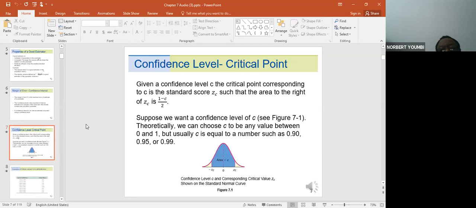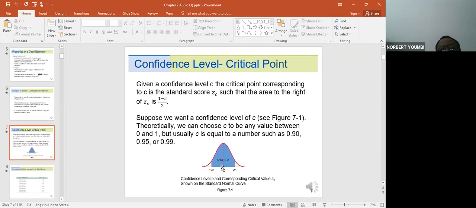So given a confidence level C, the critical point corresponding to C is the standard score ZC, so that the area to the left or the right of ZC is (1 minus C) over 2. This graph explains what C is. C is the area between minus ZC and ZC.